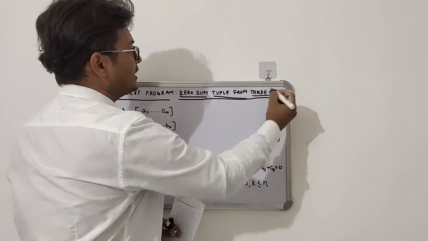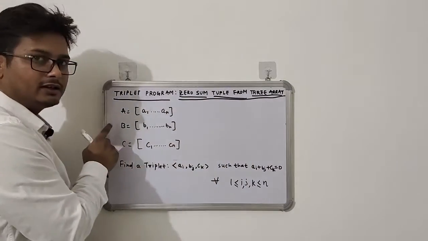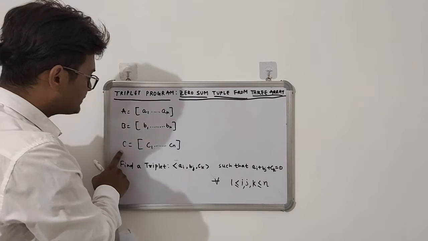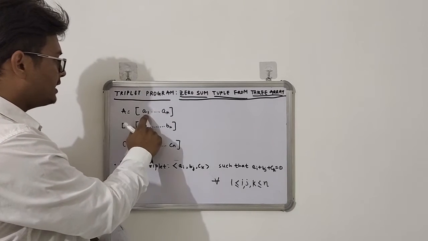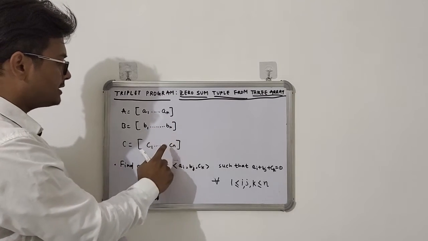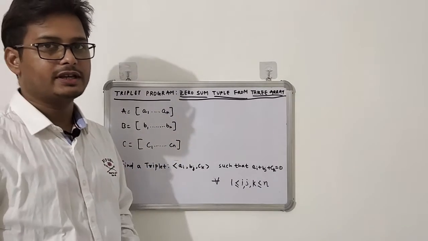from 3 arrays means here you can see 3 arrays are given: array A, array B and array C. Array A has A1 to AN elements, array B has B1 to BN elements, and array C has C1 to CN elements.